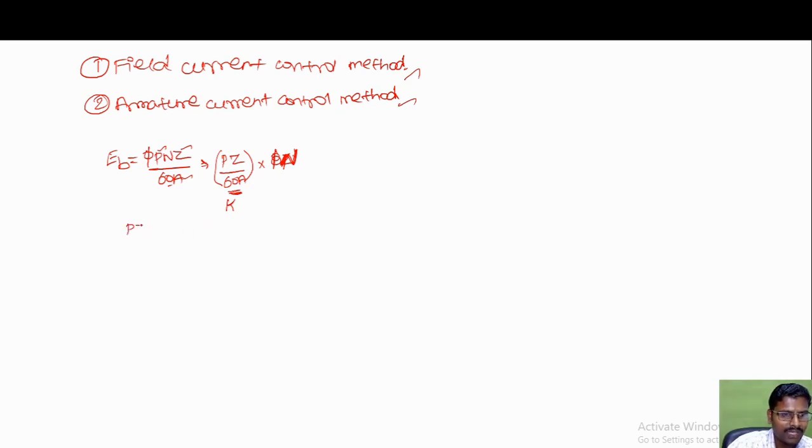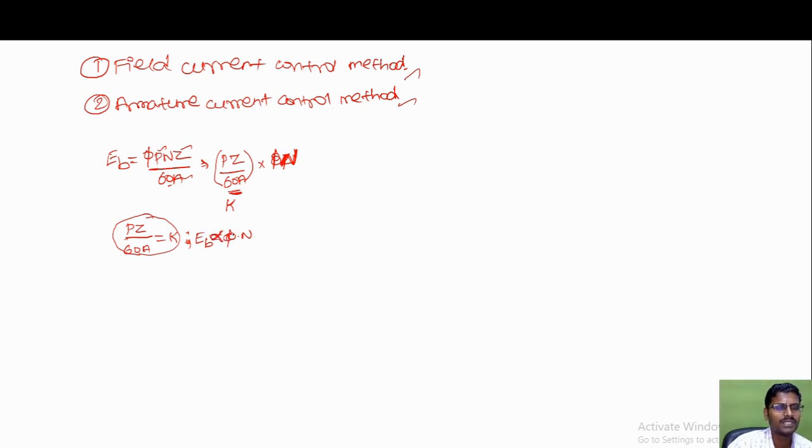So PZ divided by 60A can be represented by a constant term K. This K cannot be varied. The number of poles, number of conductors and number of parallel paths are fixed and cannot be varied by the customer, and the parameters that can be varied are such that EB is equal to phi into N, or EB is directly proportional to phi into N, right?